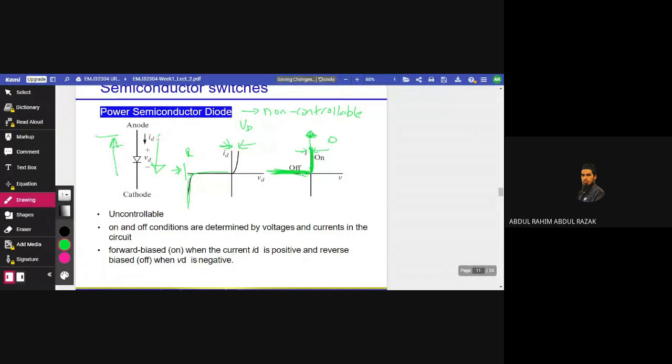The flow from anode to cathode takes place when there is a voltage difference VD, meaning V anode is bigger than V cathode, so there will be a flow of current. When V cathode is bigger than V anode, there will be a reverse bias. So it is forward bias when the current is positive, and reverse bias when VD is negative.